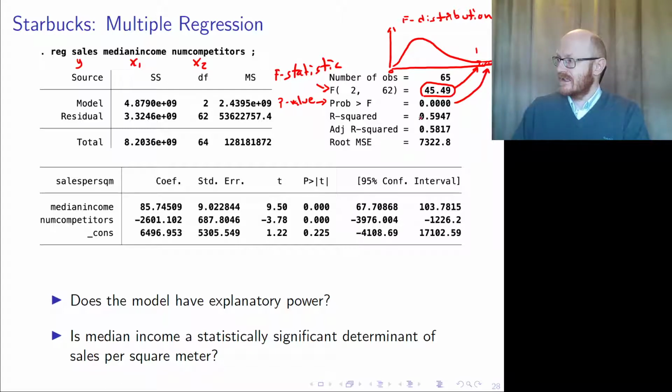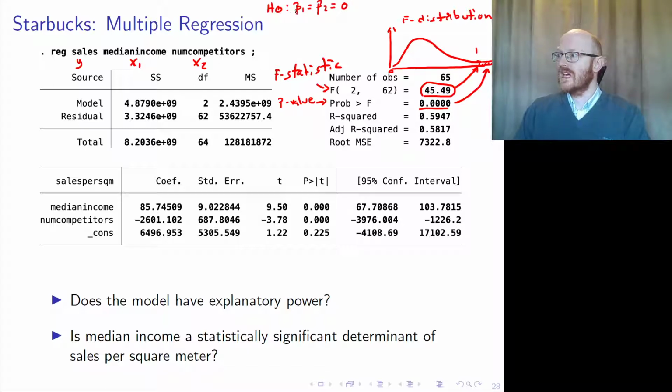Okay, it's incredibly close to zero, which means that we reject the H naught of beta 1 equals beta 2 equals 0.